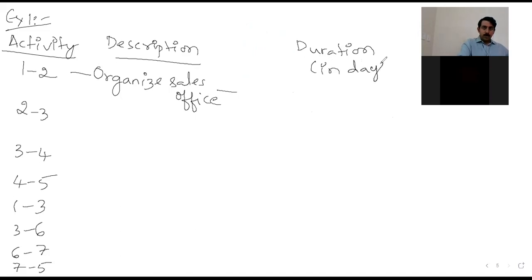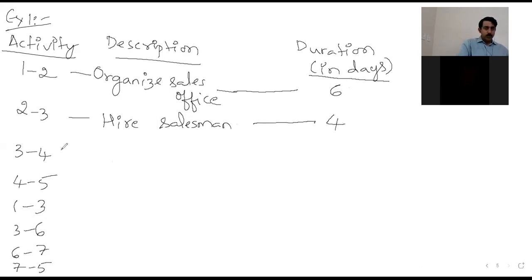Duration in days. Okay, that happens to be the first activity. Second activity, hire sales. How many days does it take? 4 days of time to hire all the salesmen. Next is train those salesmen, 7 days.